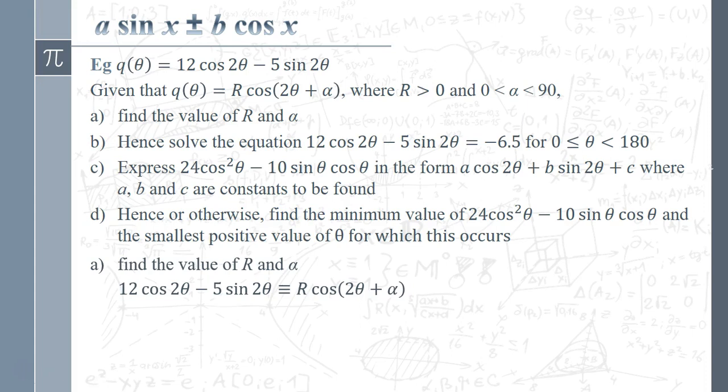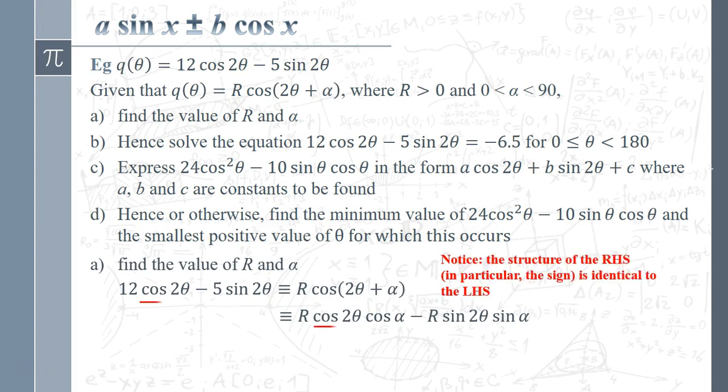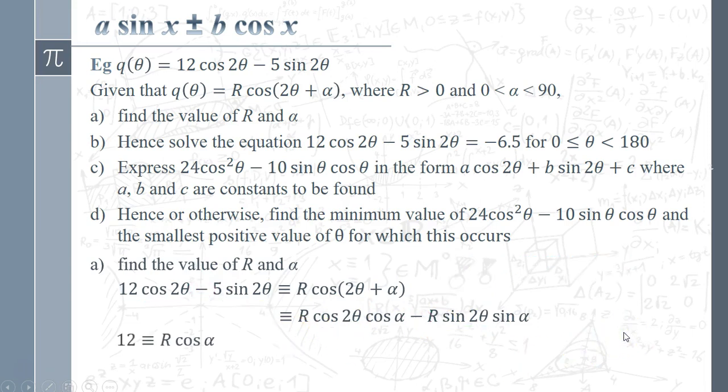So that would be cos 2 theta cos alpha minus sine 2 theta sine alpha, all multiplied by r. The reason that one was chosen is because that matches the structure of the original, and in particular it's the minus sign that gives us something the same here compared to over here. Now we've got to do some equating.